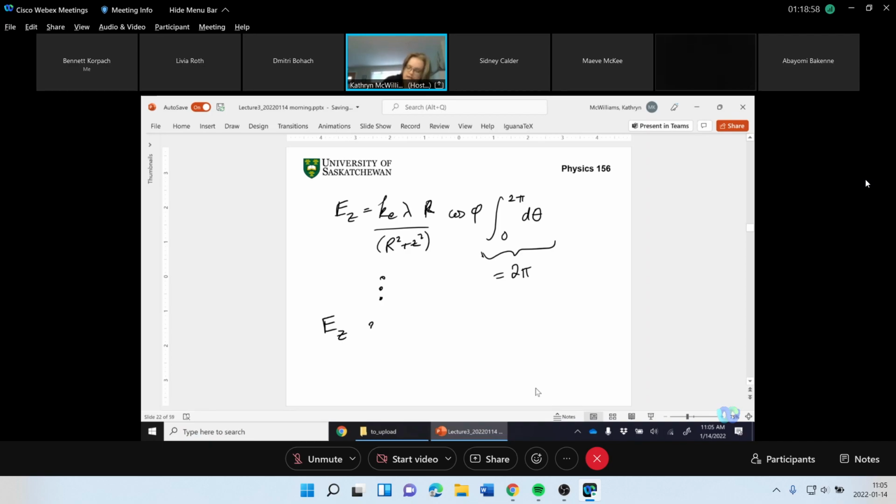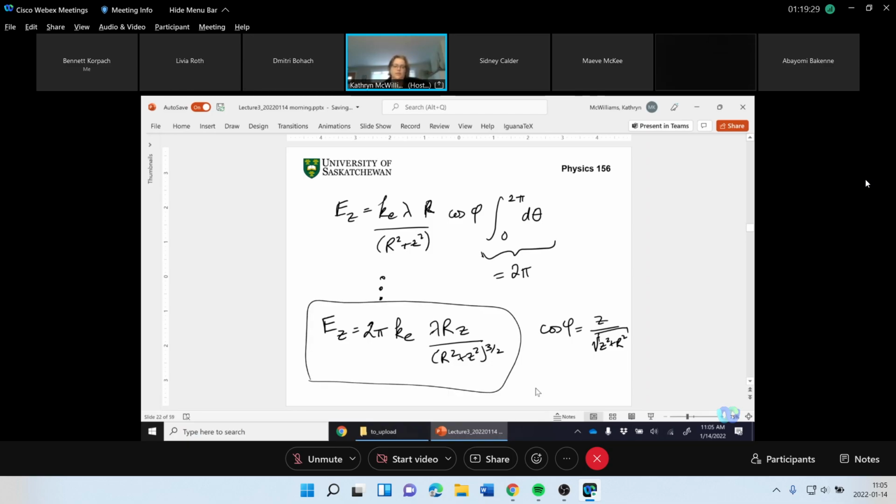We have E_Z equal to 2 pi KE lambda R Z over R squared plus Z squared to the 3/2, because cos phi is equal to Z over the square root of Z squared plus R squared. So we've made a substitution in there. Basically we've done the 2 pi and then substituted in for cos phi, and you get to this answer here.